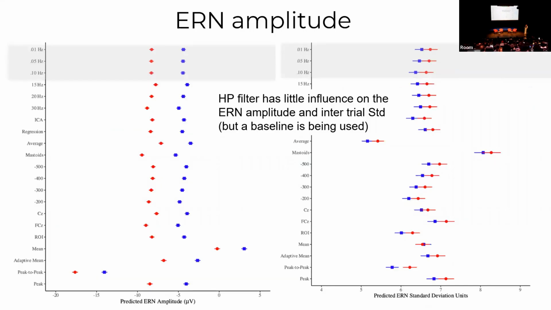But in this comparison on the ERN amplitude and the standard deviation, the high-pass filter has little influence on the ERN amplitude and the inter-trial standard deviation, but a baseline is used here. So the baseline might also bring the epochs to the same level, basically.